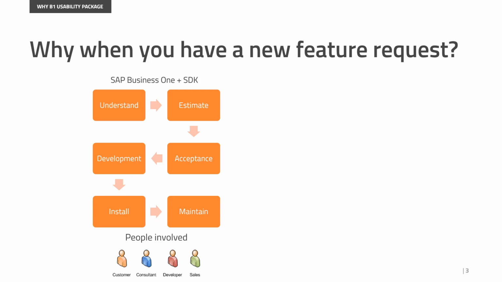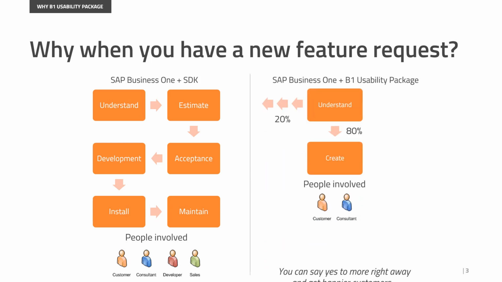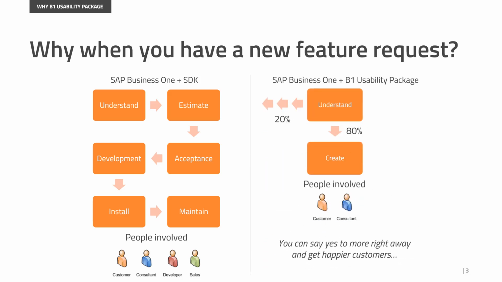So usability package is what we call an 80-20 rule. If you end up in these situations, 80% of the time, you just sit down with the customer as a consultant and say, yeah, it doesn't do exactly like you want. Let's fix that together right here and now.